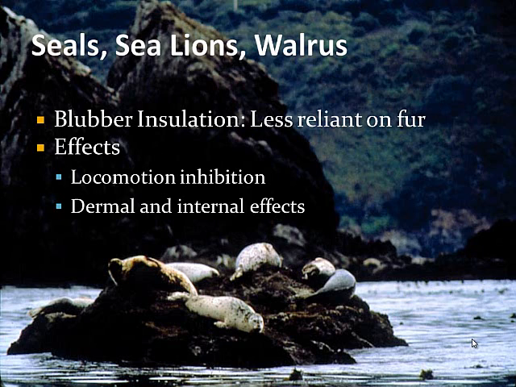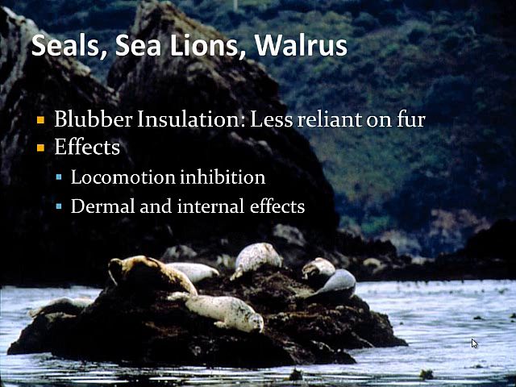Okay, seals, sea lions, and walruses, when we're talking about these types of animals, mostly they rely on blubber to keep them warm. So they're less reliant on their fur. However, what I just said, fur seals and sea otters do rely on their fur, and the young, the pups of the seals especially, have a fur coating, and so they do rely on their fur as well.